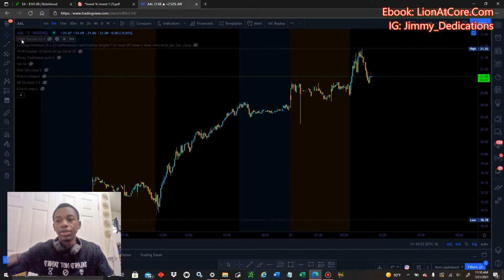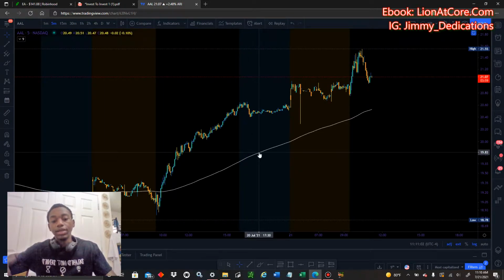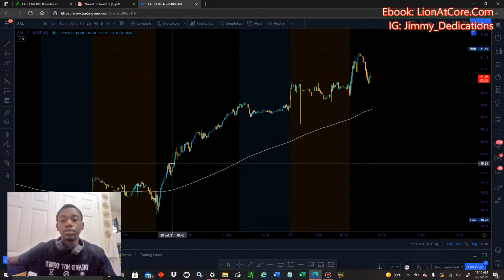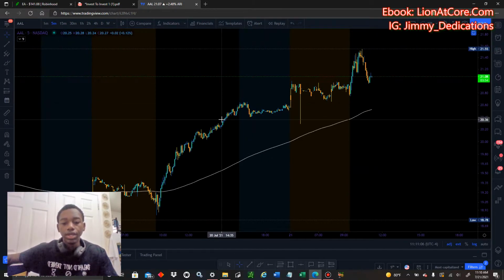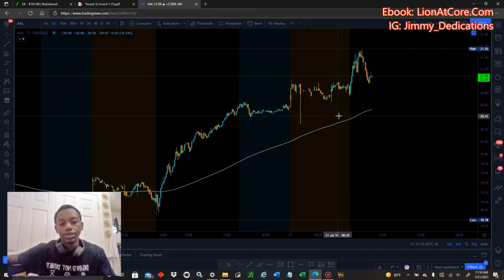This is the most popular trend indicator ever, the 200 EMA. It's more in depth than this, but it basically measures the past 200 candles, and it gives you an average reading of what the last 200 candlesticks did.